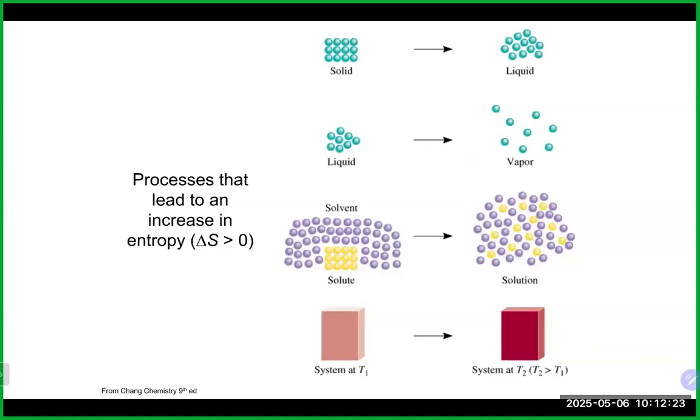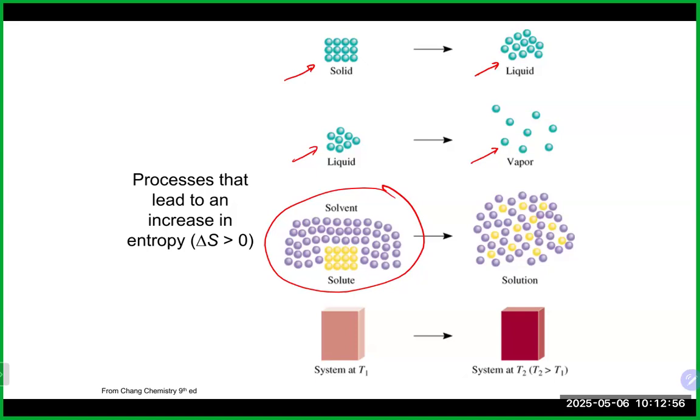So these are all processes here that do lead to an increase in the entropy. And we would all have positive entropy values here. And again, we're going from a more ordered state to more disorder. And actually the making of a solution, which is made up of a solute, which is the stuff you dissolve, and the solvent, which is the stuff you dissolve the solute in, is actually an increase in entropy for both things.